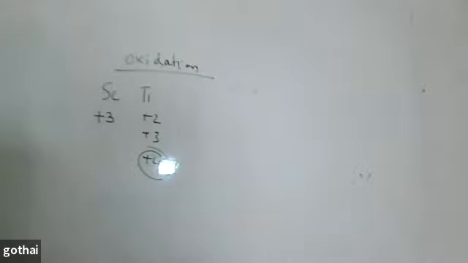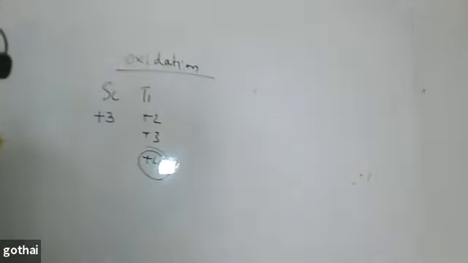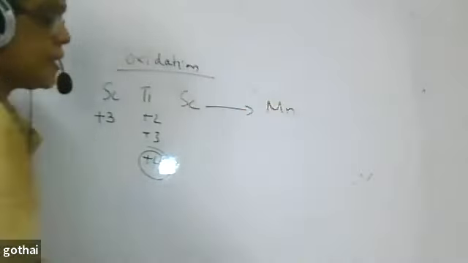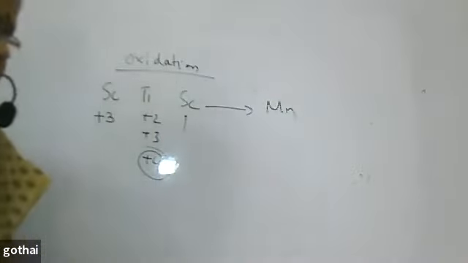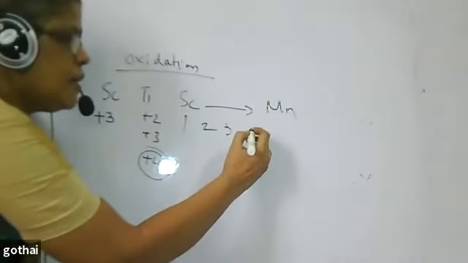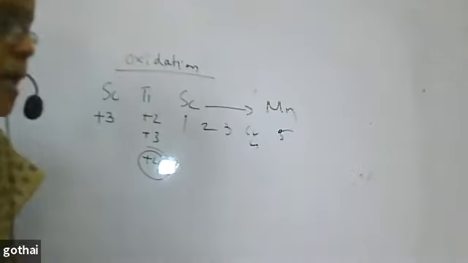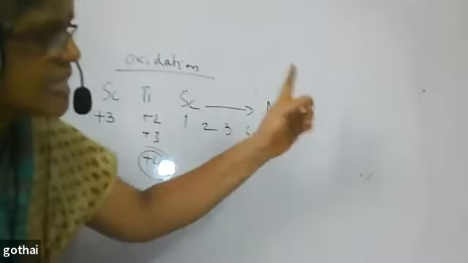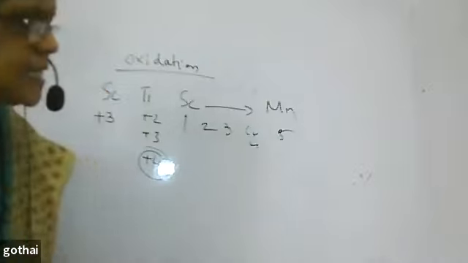Likewise, the number of oxidation states of the elements increases from scandium to manganese. Why? Scandium has only 1 electron in the d orbital, titanium 2, vanadium 3, chromium 4, manganese 5. So the number of unpaired electrons in the d orbital increases, and so the number of oxidation states increases.